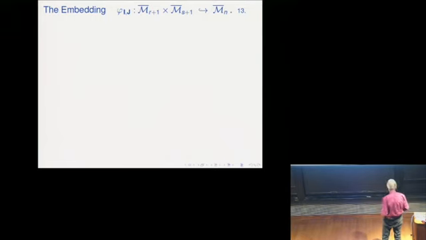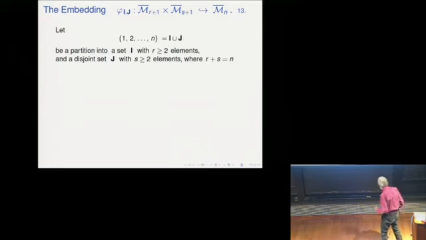Well, we can represent this much more formally. There's a formal embedding of M_{r+1} cross M_{n-r+1} into M_n associated with any partition of the integers between 1 and n into 2 subsets I and J. The only condition is the set I must have at least 2 elements, and the set J must have at least 2 elements.